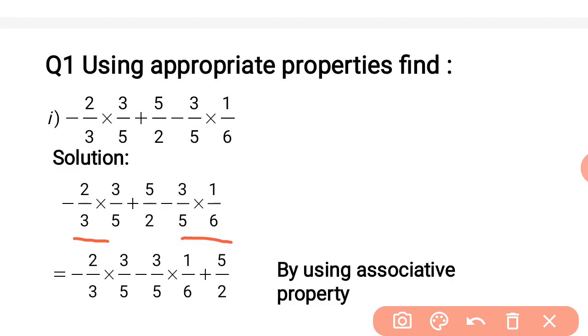So, you will see that the first term is copied down as it is initially, and the last term is taken in front. That entire minus 3 by 5 multiplied by 1 by 6 is to be written. And then finally, your second term moves at the end. So this is how we have to arrange the things. And this is nothing but associative property.